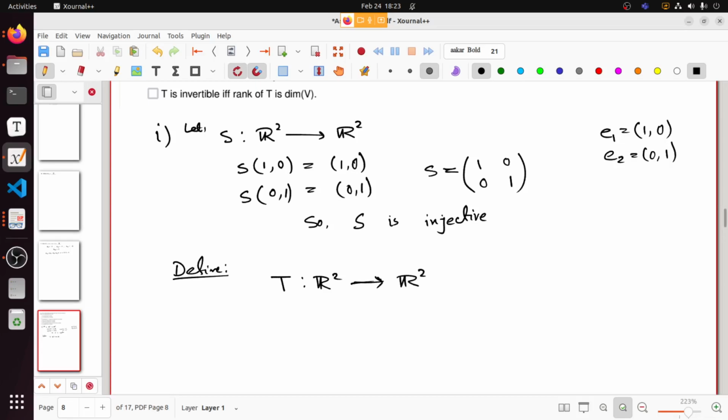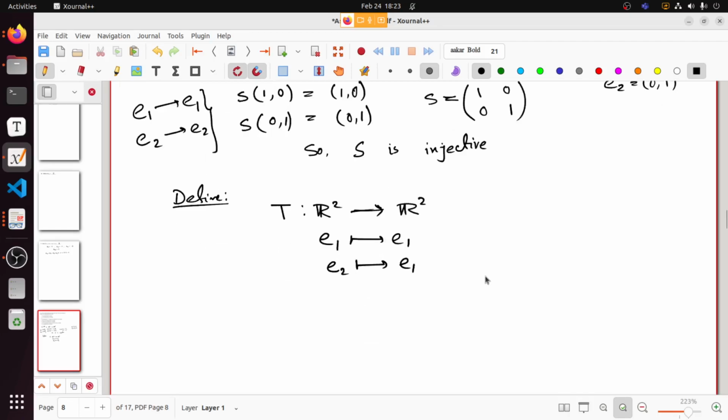Here for S what we have done is E1 maps to E1 and E2 maps to E2, so because the basis maps to the basis, this is injective. Now for T, E1 will map to E1 and E2 will also map to E1, right? So E1 and E2 both map to E1. So this is our T.